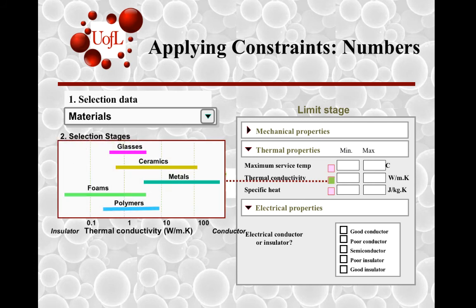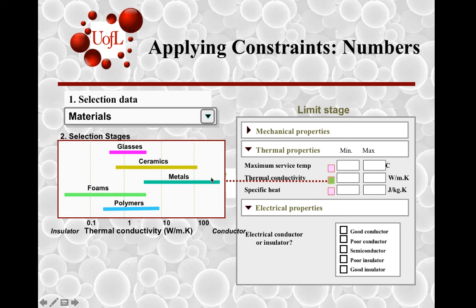At the first stage, the selection stage, if you decide that we want to look at thermal conductivity as a property, for all the different material classes, thermal conductivity is provided over this type of a range. Right? So these are called bar charts. And you can see that for families of materials, typically these properties fall within a specified range.